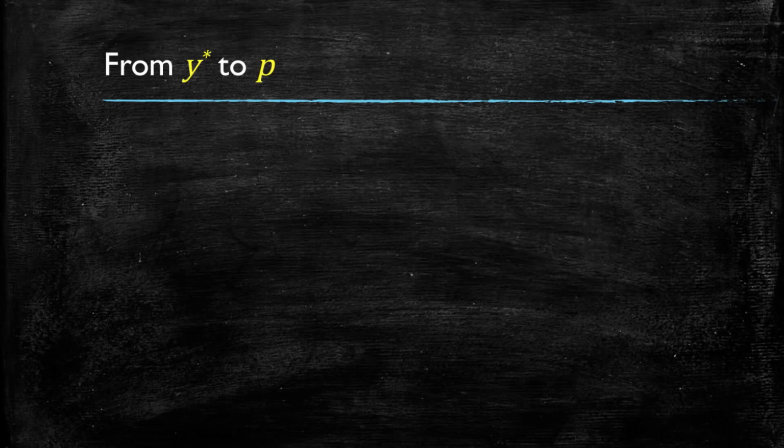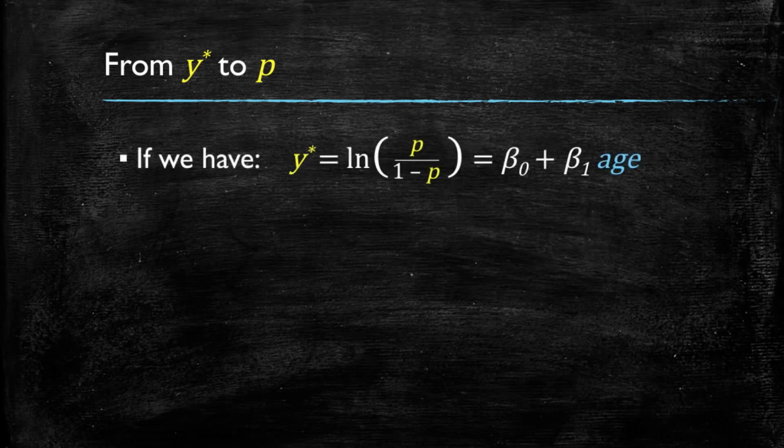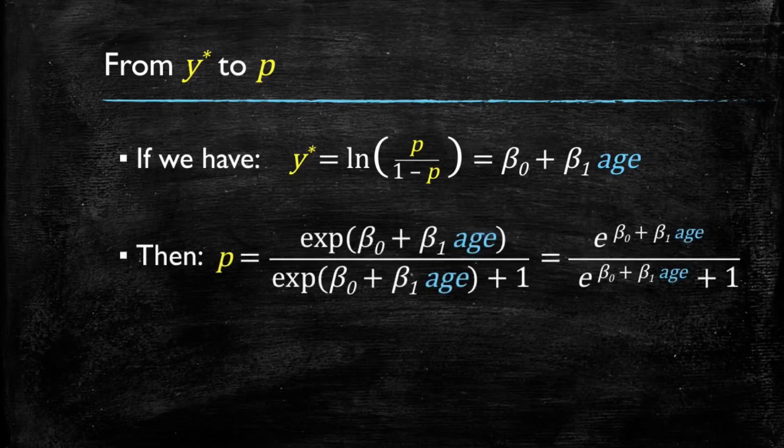Let's see if we can convert this y star into a p. So we have that y star is equal to the log of p over 1 minus p, which in turn is equal to the expression of the beta zeros and the x's, the independent variables. If we recall how we had transformed the probability to make it something that is bounded between 0 and 1, we had that the exponent of the beta times x's expression over that same exponent plus 1 was equal to the probability.